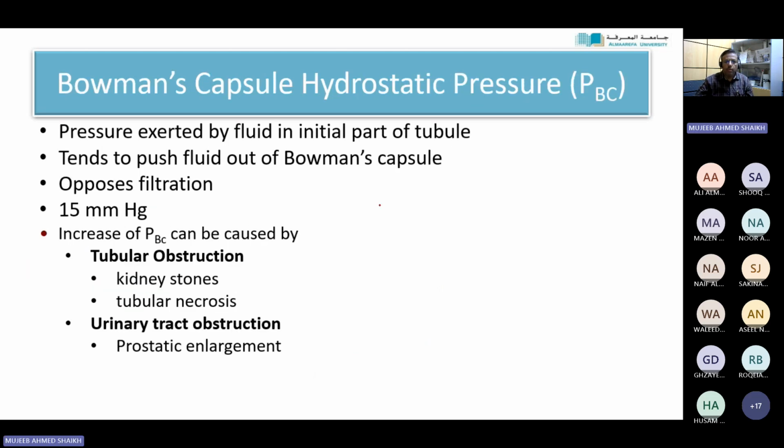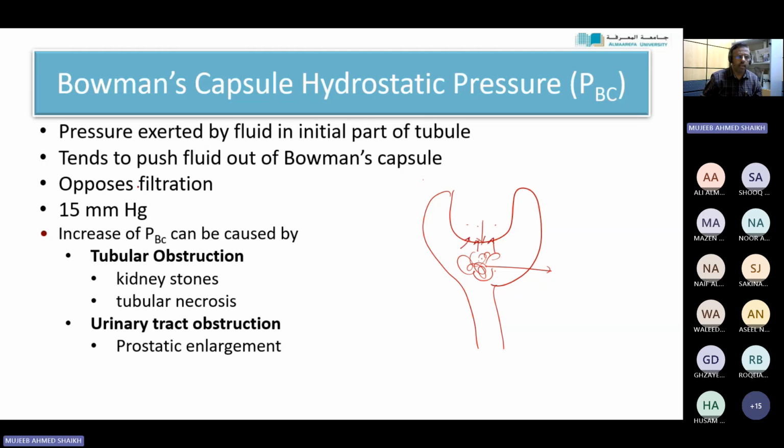Similarly, in the Bowman's capsule, if the fluid is accumulated here after filtration, a hydrostatic pressure is created here. This hydrostatic pressure will exert in the opposite direction, which is normally around 15 millimeter of mercury.